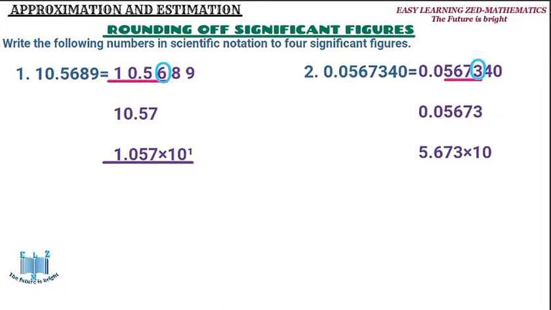So writing 0.056734 in scientific notation to 4 significant figures is 5.673 multiplied by 10 raised to the power negative 2. So this is the correct answer.